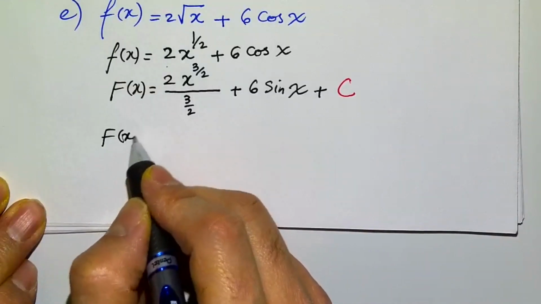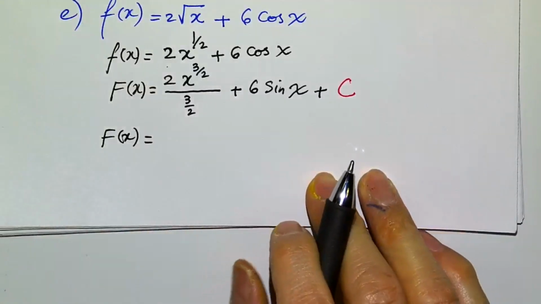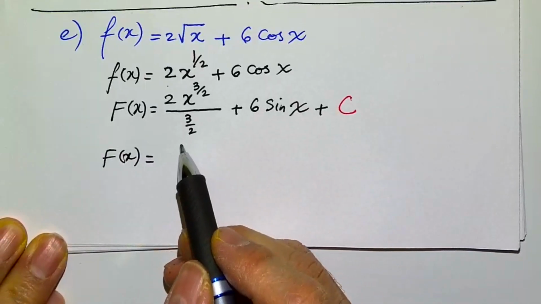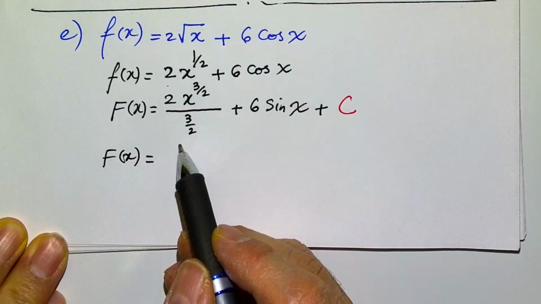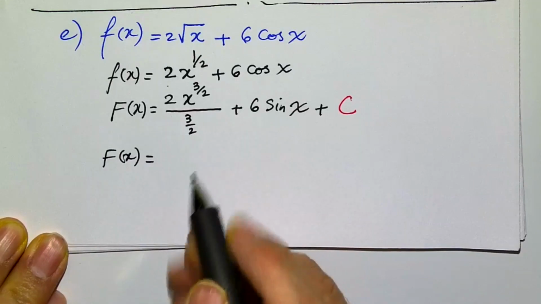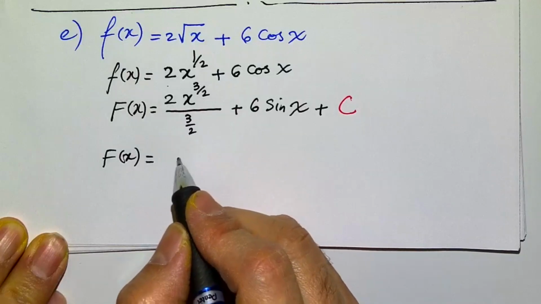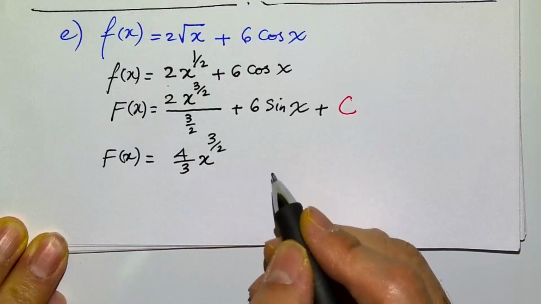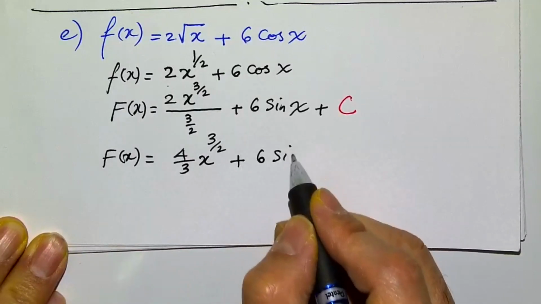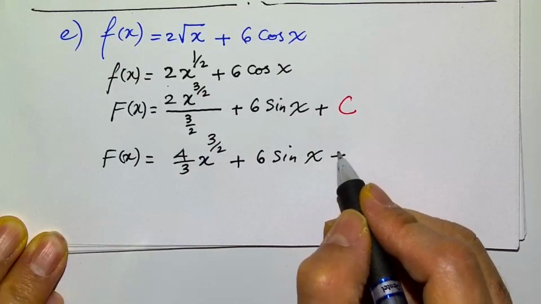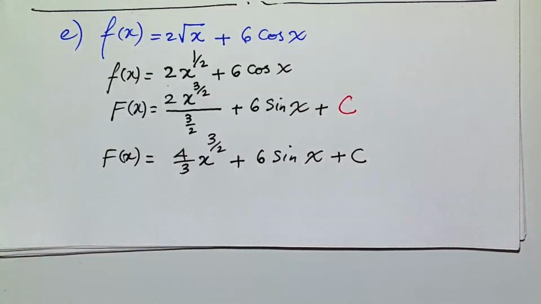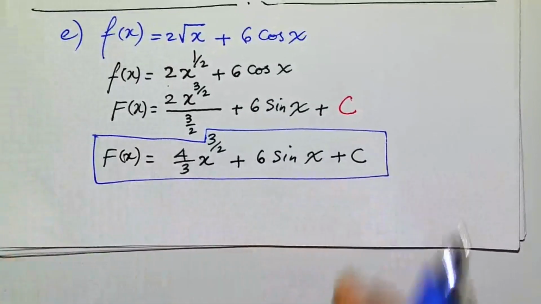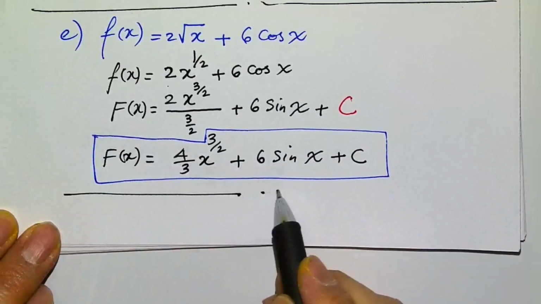We have the antiderivative equal, flip this, we get 2 over 3 times 2, we get 4 over 3, and then 4/3 times x to the 3/2 power plus 6 sine of x plus c. Okay, pretty straightforward antiderivative.